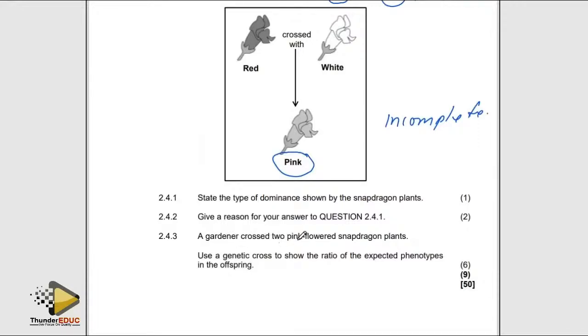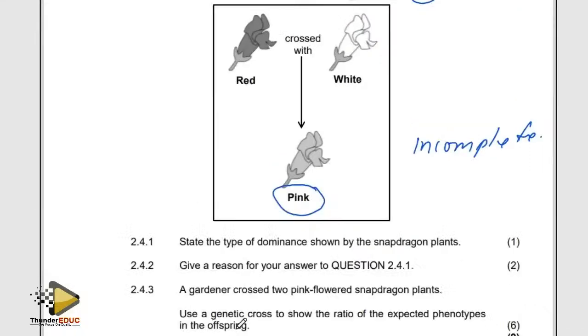A gardener crossed 2 pink flowers. Use the genetic cross to show the ratio that is expected when you cross 2 pink flowers. So it means that if both of them are dominant, definitely this is going to be capital R, capital R, capital W, capital W. Yes, they produce one gamete from this side and one gamete from that side.